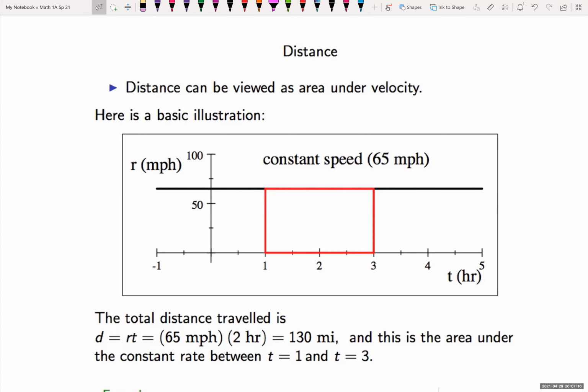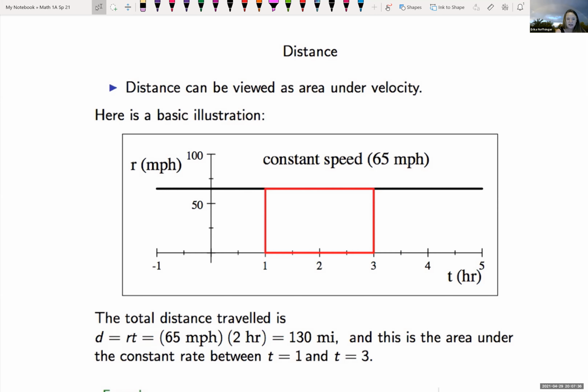So remember, distance can be viewed as the area under the velocity. And so let's explain why that's the case. So let's say that you're traveling 65 miles per hour constantly for, let's say, 5 hours.